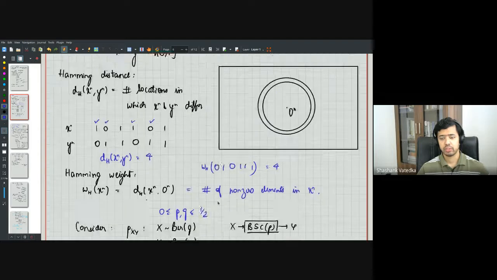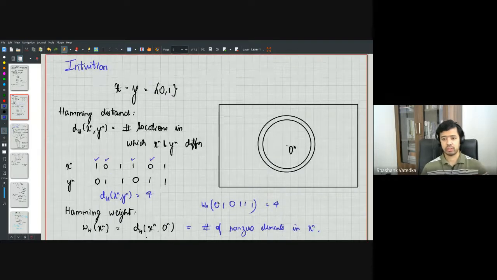If you think about it visually, although I'm interpolating this to Euclidean space, given the zero vector, suppose this is the center of my Hamming space or binary space. My xn's are all going to have Hamming weight close to n times p. They're going to lie in some small region.